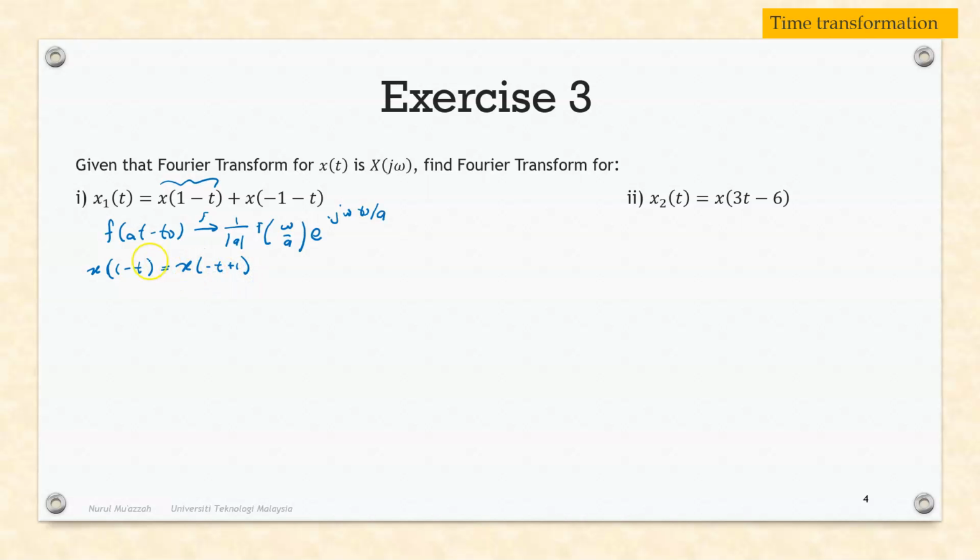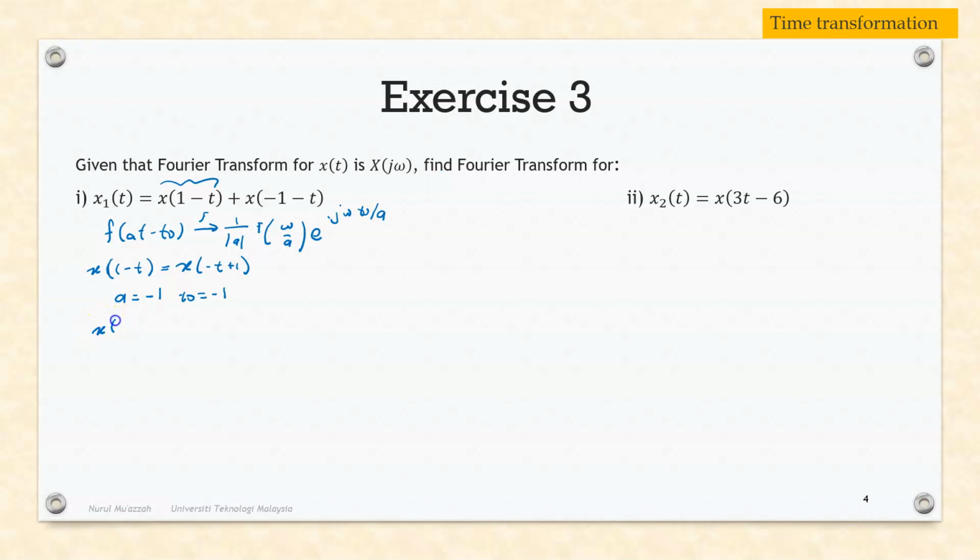From here you can match this form. Here a is negative 1 and t0 is negative 1. So you put this in the formula, and F(ω/a) you take based on the given Fourier transform, which is X(jω).